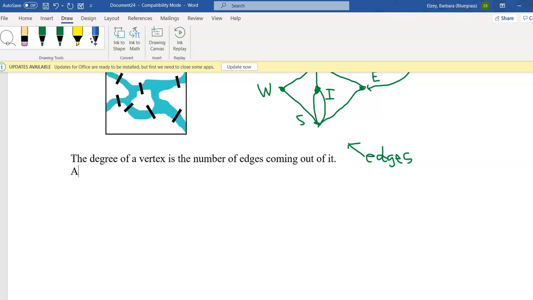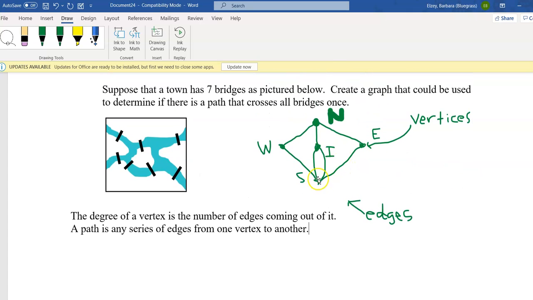A path is any series of edges from one vertex to another. All right. So, for example, we could have a path from S up right here to N. We could have a path that goes from S to I and then from I to N.